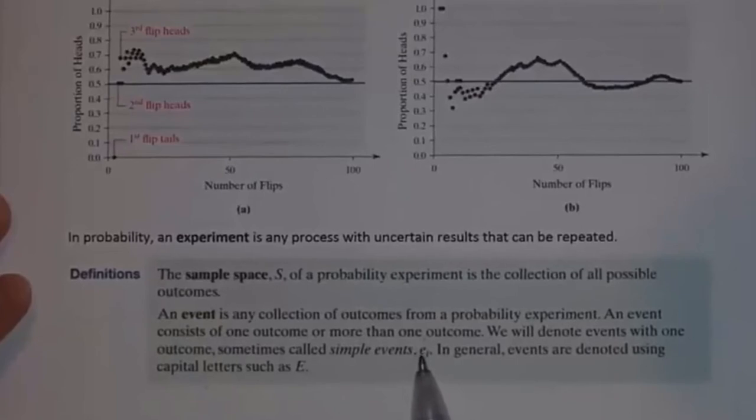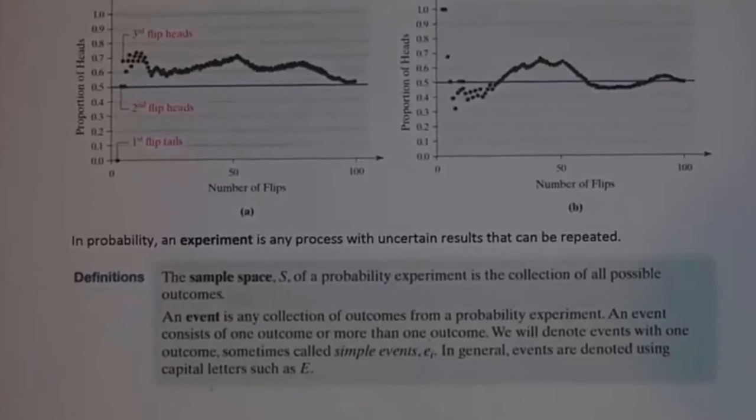So E sub 1 would be simple event 1, or the first outcome, so to speak. E sub 2 would be simple event 2, the second outcome, and so on. In general, the events are denoted with capital letters such as uppercase E or uppercase F or uppercase G. The difference is that an uppercase E could represent multiple outcomes, whereas a lowercase e represents a single outcome, again called a simple event.